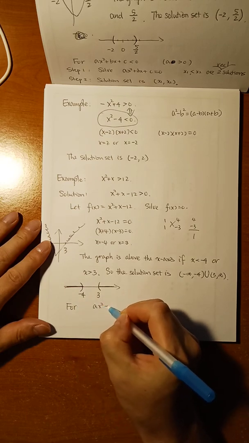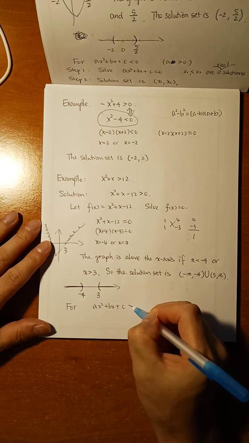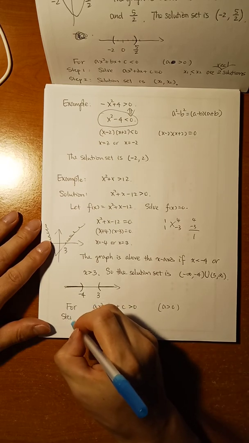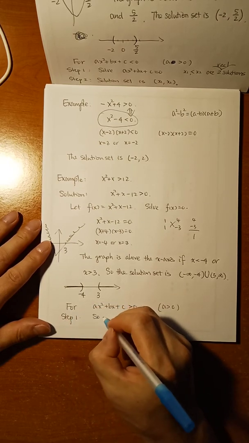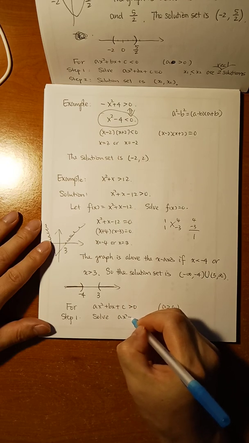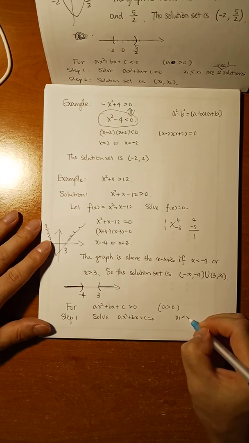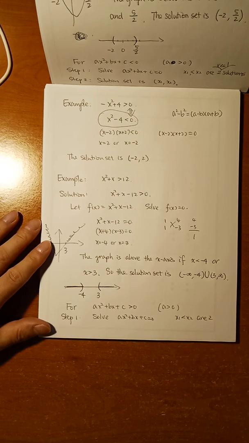So for ax squared plus bx plus c greater than 0, here a again positive. Step 1, solve ax squared plus bx plus c equal to 0. You find the two real solutions.